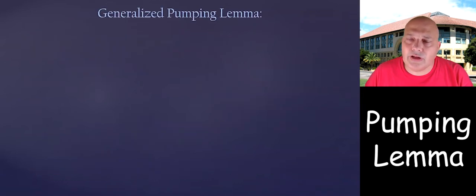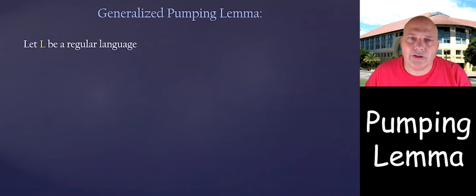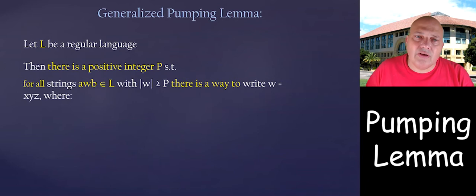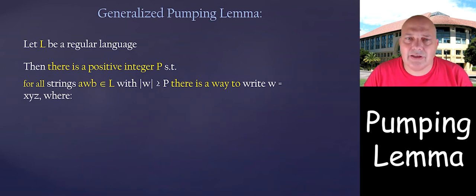I'll give you another version of the pumping lemma. It's not hard to prove, but it is useful in some exercises, so think about how to prove it. Again, we have a regular language, and there is a positive integer p such that for all strings a, w, b in L, where the length of w is at least p, there is a way to write w as x, y, z with the properties that we had before.